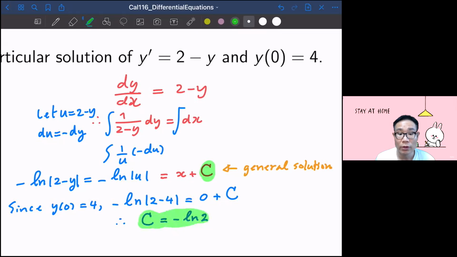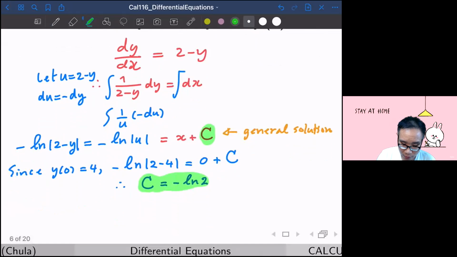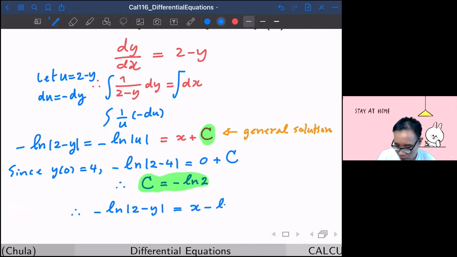and this will allow you to have the particular solution. So the particular solution, in terms of negative log of the absolute value like this, is equal to what? Equal to x minus log 2.